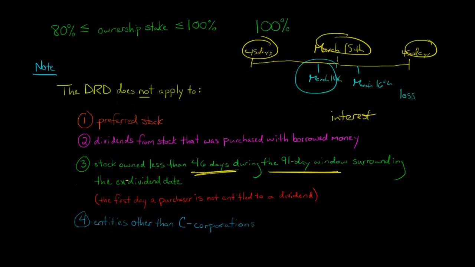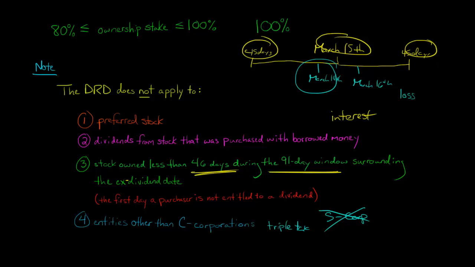And then also, and this goes back to the heart of the dividend received deduction, entities other than C corporations, for example an S corporation, are not entitled to the dividend received deduction. It's for C corporations, because the whole purpose of the dividend received deduction is to avoid the possibility of triple taxation.